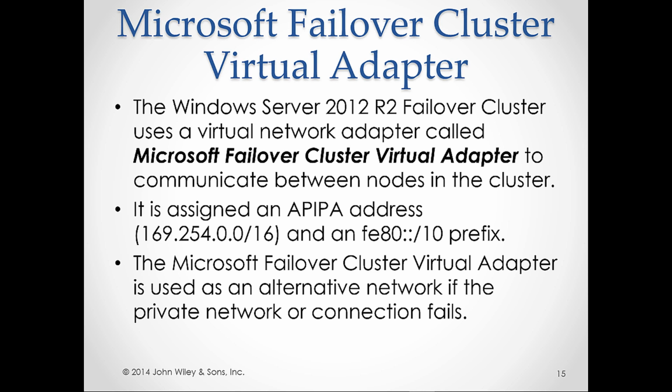Even though they're not routable, this allows for local communication between nodes. Or if we're dealing with IPv6, FE80::/10. So again, a similar type address that's not routable. The Microsoft Failover Cluster Virtual Adapter is used as an alternate network if the private network or connection does fail.